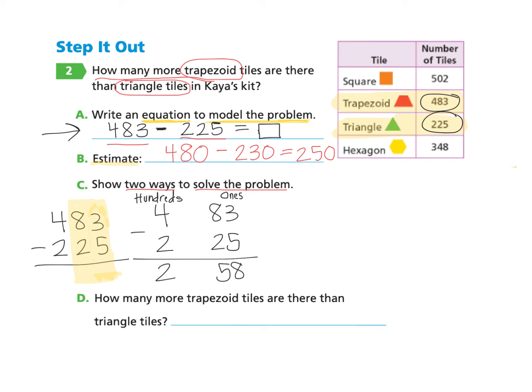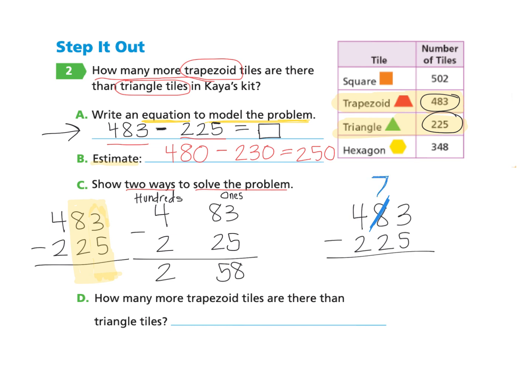Another strategy I can use is to again write out my problem vertically, and then I'm going to use the strategy of regrouping first. So because I know I don't have enough to take 5 away from 3, I will go to the tens column and I will cross off the 8 and make this into 7.